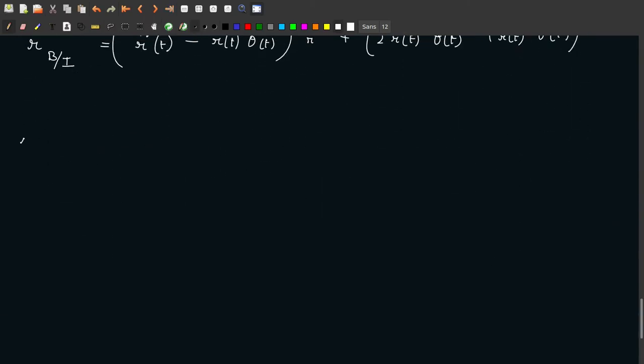And if you do that, you can find that the acceleration of the mass m with respect to the bucket frame is, and I'll just list down the result.